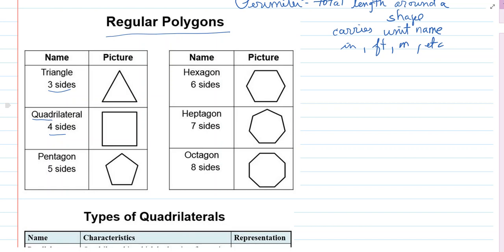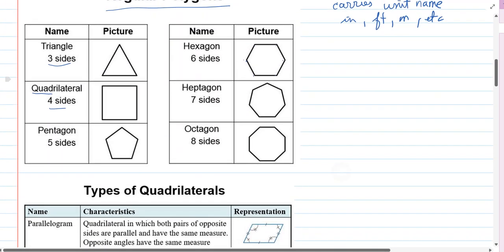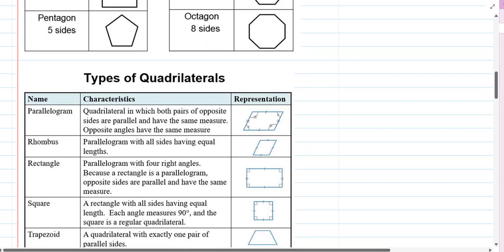A hexagon is six sides, and each one has endpoints of each of the segments. A heptagon is seven sides, and an octagon is eight. Now, all of these shapes are polygons.